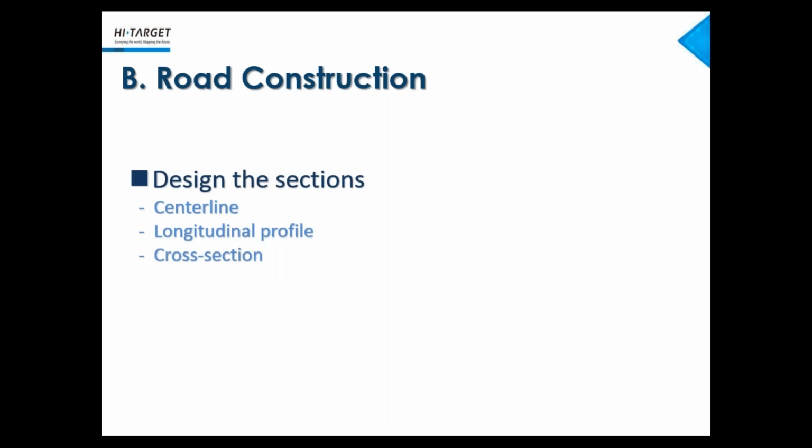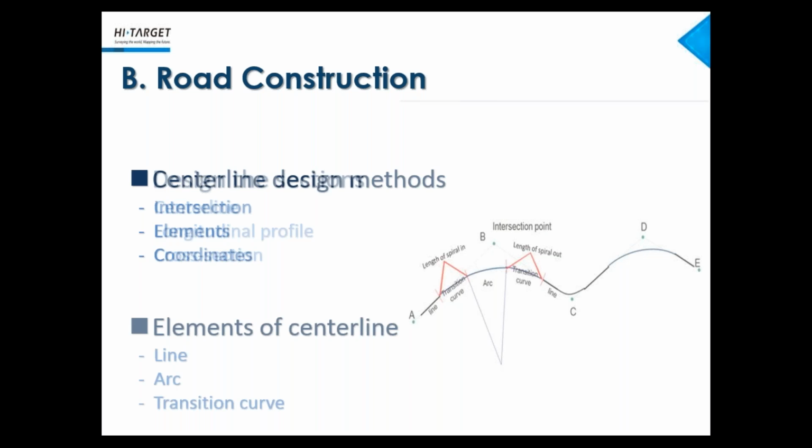So when we try to design, what we need to design are the sections: the center line, the longitudinal profile, and the cross section. When it comes to the center line design, there are three methods: one is the intersection, second is the elements, third is the coordinates.